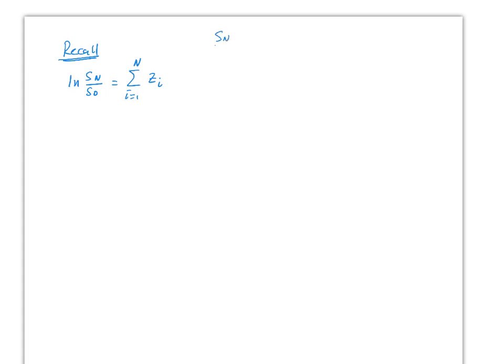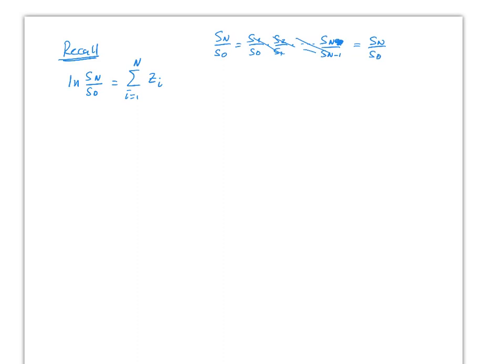Remember that Sn over S0 was the same thing as S1 over S0 times S2 over S1 and so forth, all the way to S of n over S of n minus 1. This will cancel, so you end up with S of n over S0.